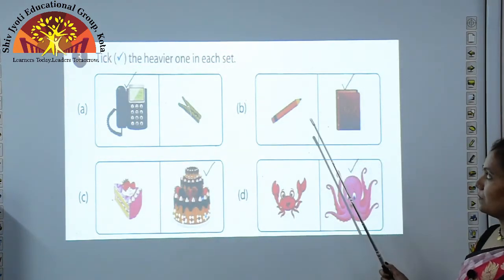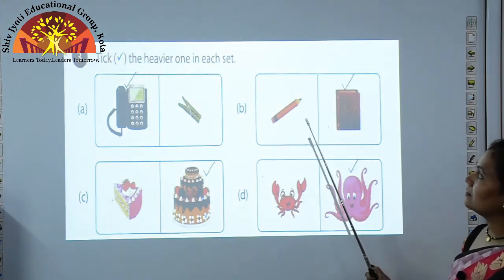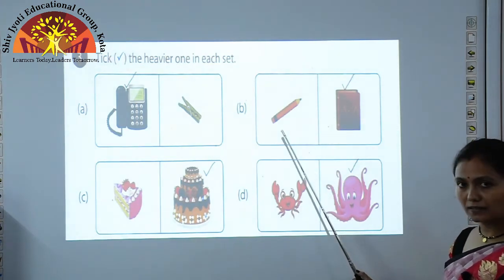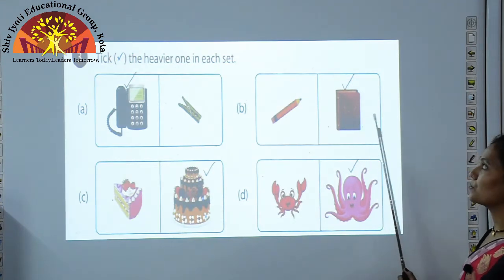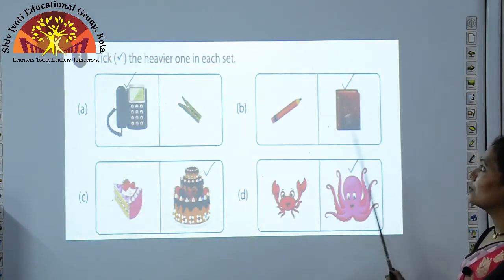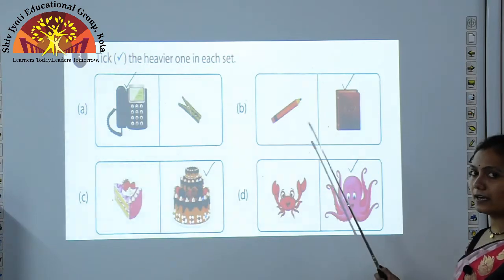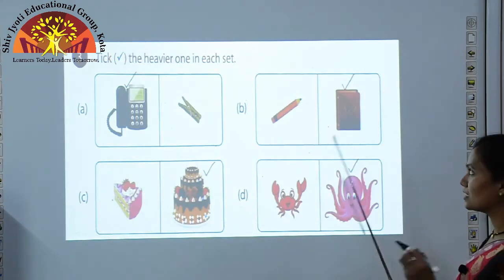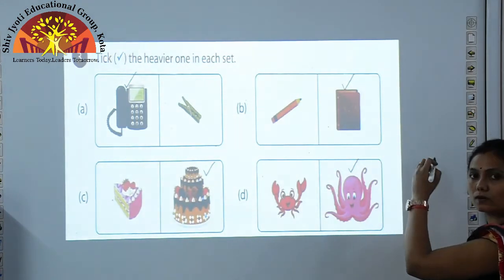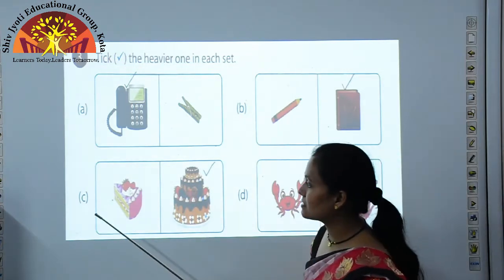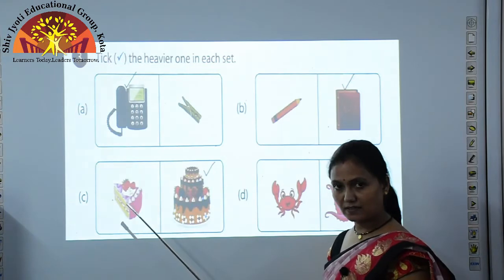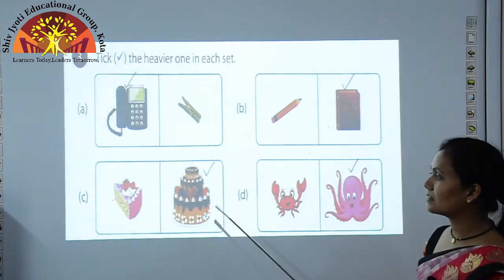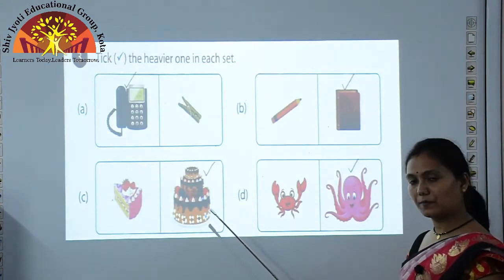Now B. Here this is a pencil and this is a book. Now you can see that book is heavier than a pencil. So just take above the book. Next C. This is a picture of a pastry and this is a picture of a cake.